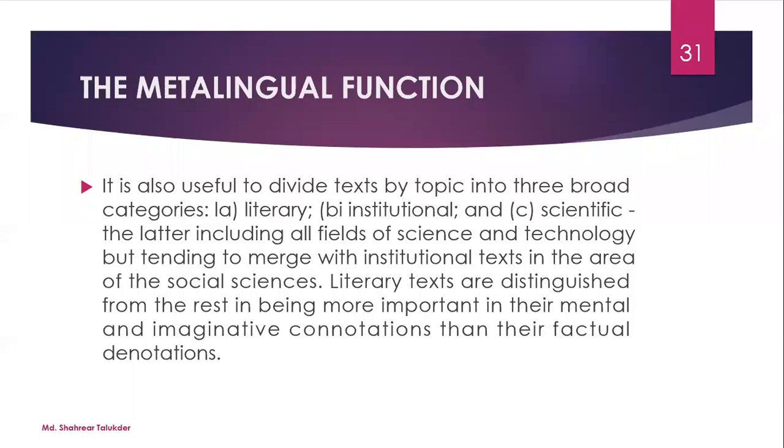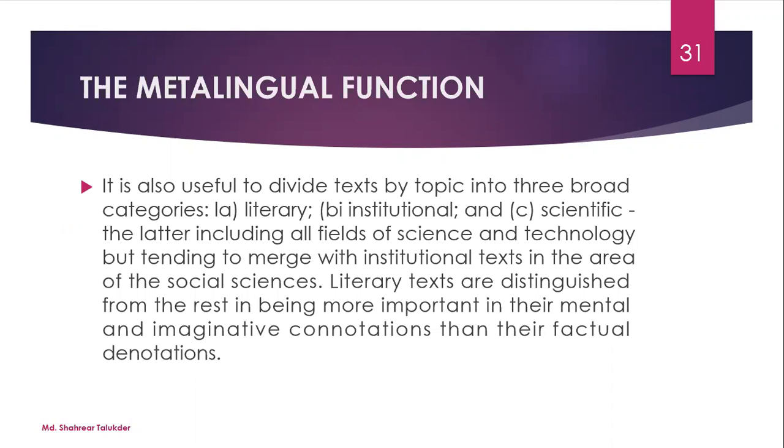Literary texts are distinguished from the rest in being more important in their mental and imaginative connotations than their factual limitations. We know it very well, that especially in the literary text, we go for mental and imaginative connotations or different kinds of meanings. But in the science, actually, we go for denotations or denotative meanings, that is very specific meaning.